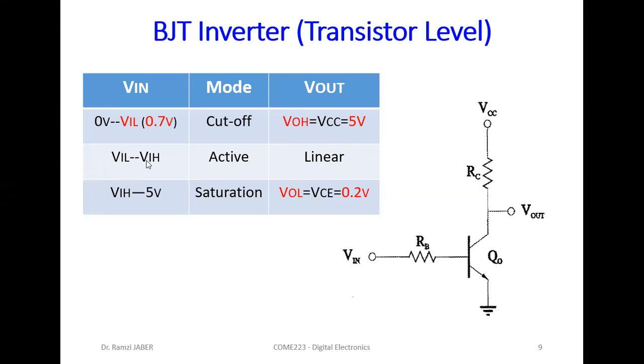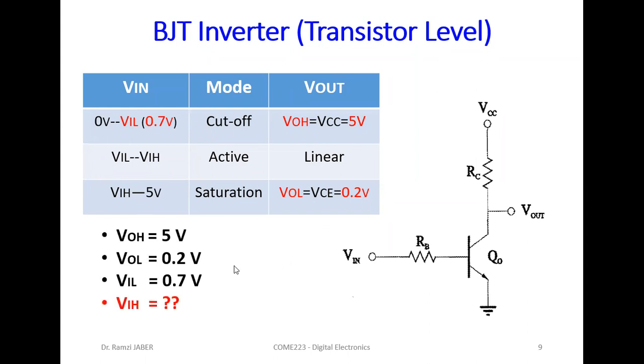This is for communication engineers, for antenna applications. We don't care about it. When the input voltage is between the input high and 5 volt, it is called high voltage. This is saturation mode, and the output will be low, 0.2 volt.